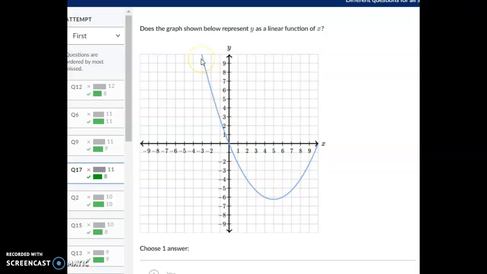Okay? Linear functions take the form y equals mx plus b in slope-intercept form, and I would never get a curve like this by inputting x values into y equals mx plus b and getting those y values. So this is a function, but it is not linear.